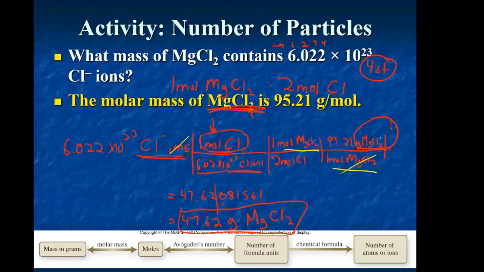Since 1 mole was up here and we don't want this, we want to get rid of it, that means we have to put that same unit down here. And so since we had to put moles of Cl here, that means we put 2 moles of Cl, because there's, oh, 2 that's Cl. Okay, I see it now. And the other side goes on the top. So you always know where it goes because you're trying to get rid of the unit.